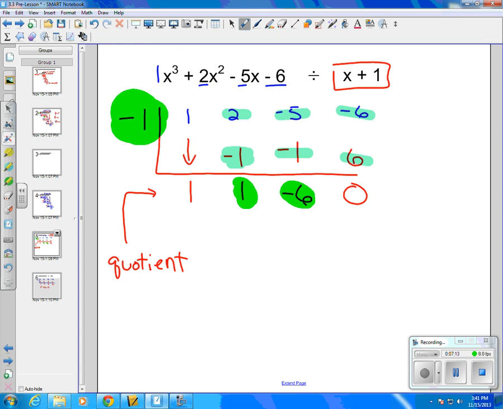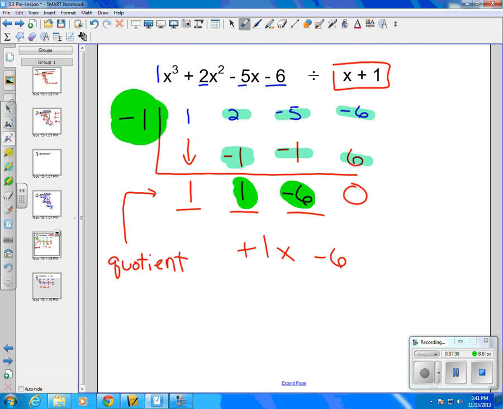So what our solution will be, these three values will represent the coefficients and the constants of our quotient. So in this case, our constant term will be negative 6. The next term, I have a degree of 1, so that'll be x, and we'll have 1x, and then it's positive.